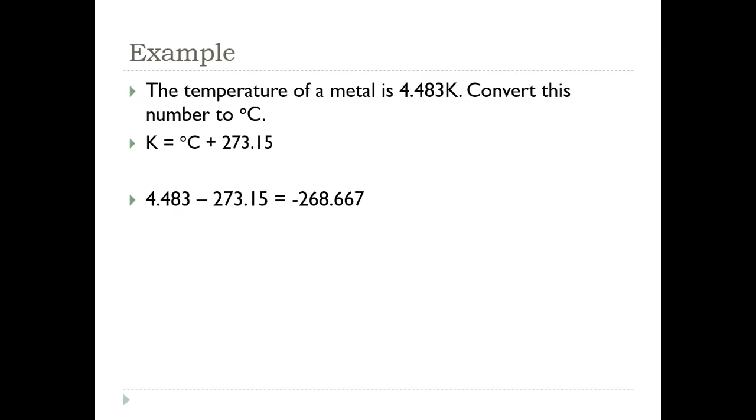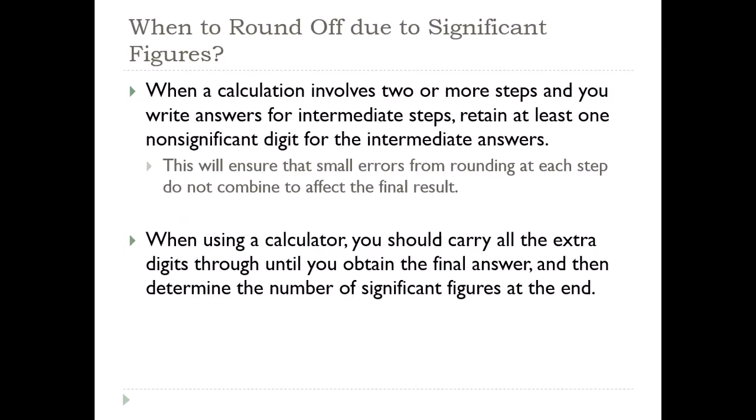But since this is exact, we ignore it for sig figs, and since we're subtracting, the answer will be based on the number of decimal places in our original value. So we should have 3 decimal places, based on the rule of subtraction in terms of decimal places.